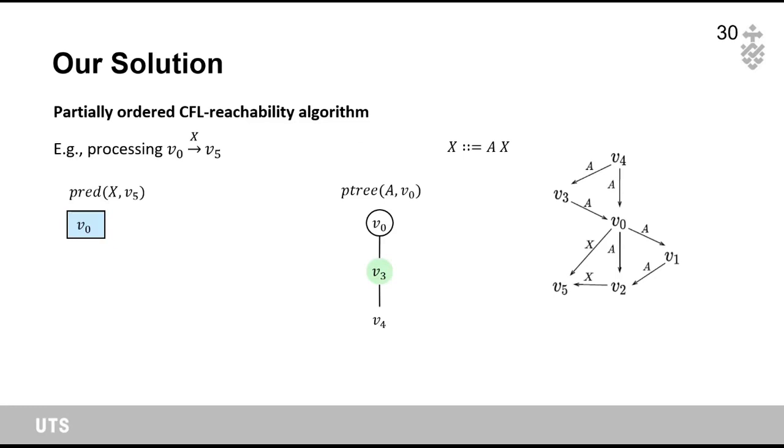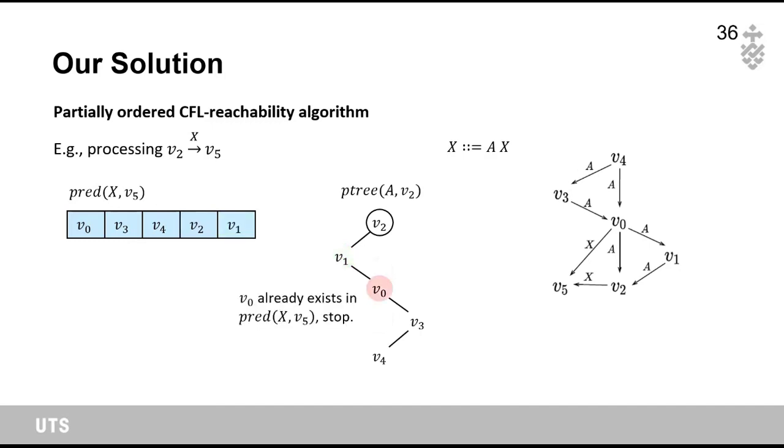Here is an example. While processing the edge v0 X v5 based on the production rule X equals AX, we traverse the predecessor tree P tree A v0 from the root to the leaf and update the adjacency list pred X v5. Similarly, while processing the edge v2 X v5, we traverse the predecessor tree P tree A v2 and update the adjacency list pred X v5.